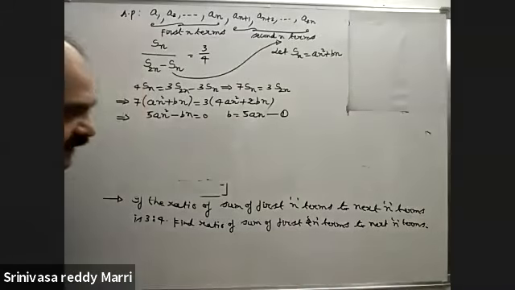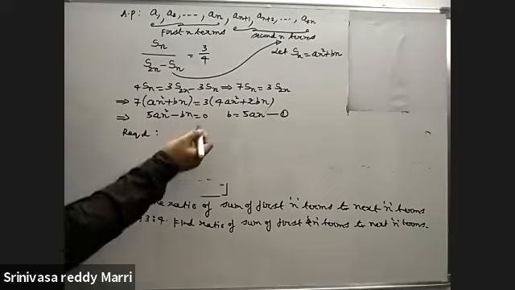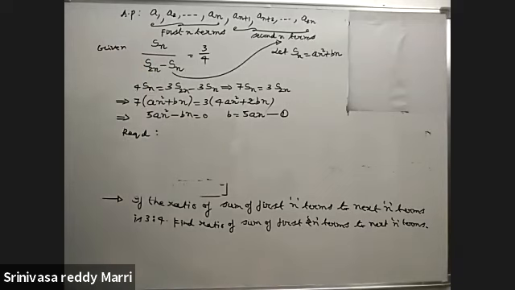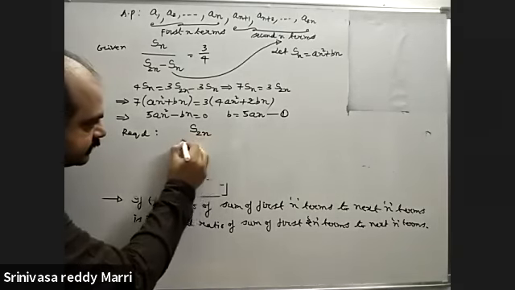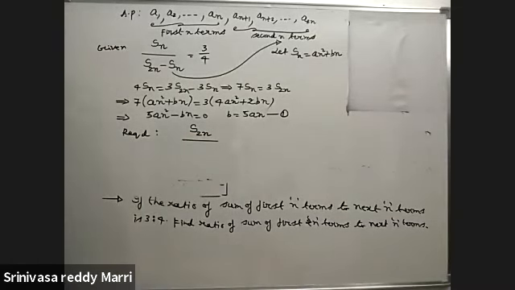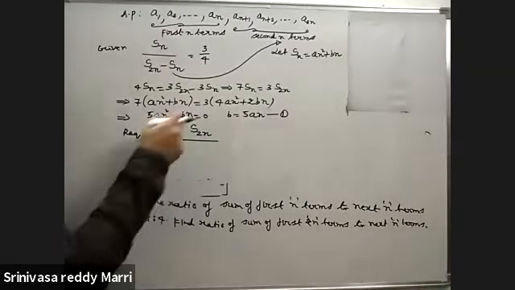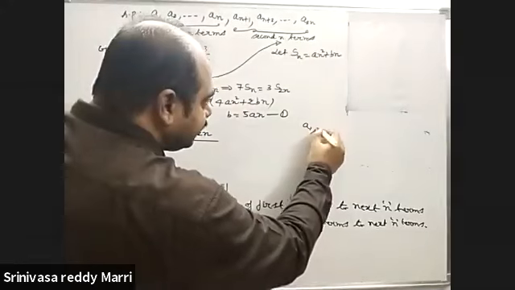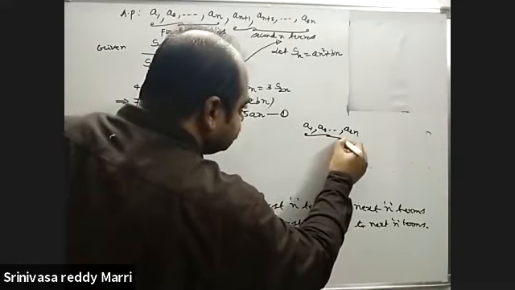Now what he is asking is the sum of the first two n terms, which is required. Look, in a similar fashion I am writing: the first 2n terms divided by the next n terms. That means A1, A2 and so on up to A2n, this is the first 2n terms.